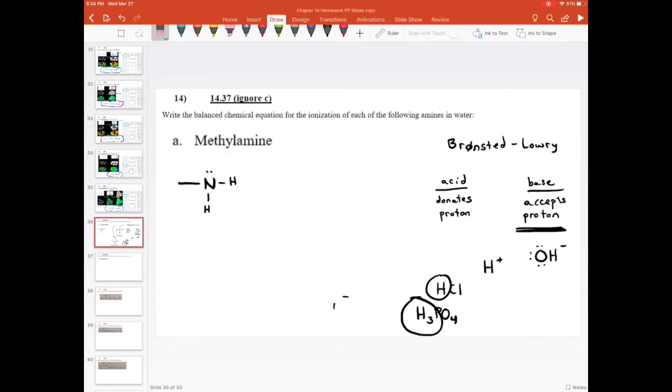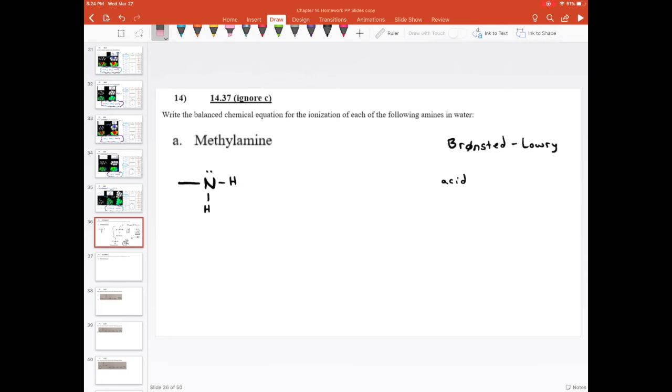And amines have that same lone pair, and because of that, they also can act as Bronsted-Lowry bases. Now in this reaction, they want to see these amines react with water. So we're going to take our methylamine and add it to water. And I'm going to write water as HOH just so it's really clear what's happening here.